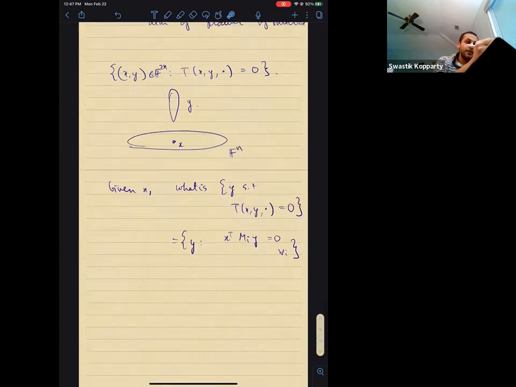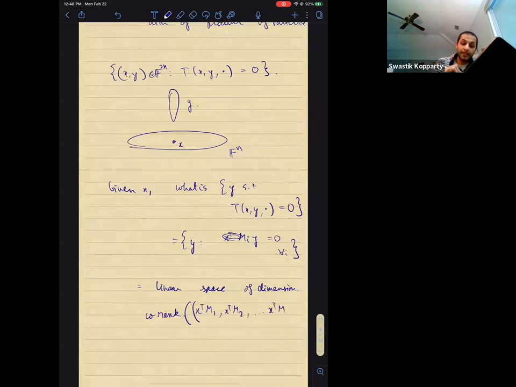Okay, so which linear space? It's a linear space of dimension, let's say co-rank of x transpose M1, x transpose M2, up to x transpose Mn.